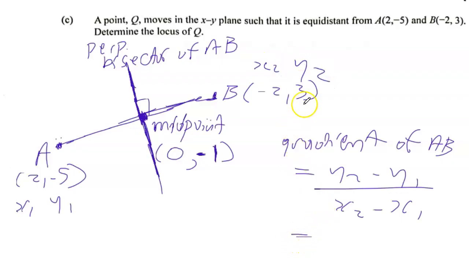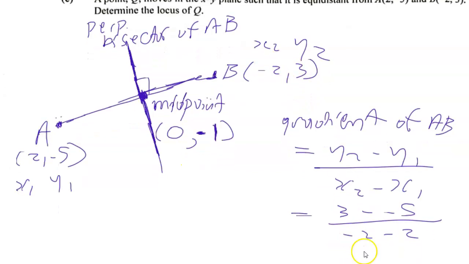So y2 minus y1 is 3 take away -5, and x2 minus x1 is -2 minus 2. So this becomes positive 8 over -4, which is -2, or -2 over 1 if you want to write it as a fraction. So AB has a gradient of -2.